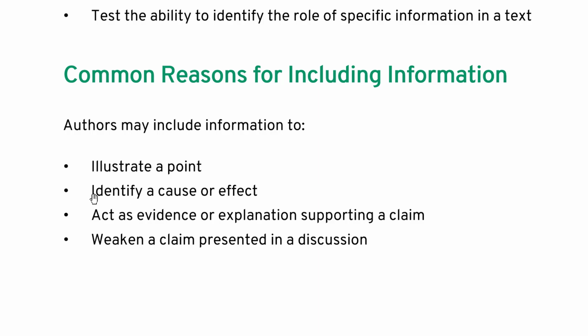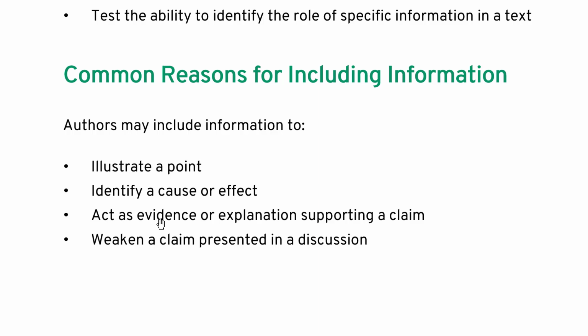The second important reason could be identifying a cause or effect, to clearly state what the cause could be or what the effect would be. Identifying the cause means the reason for an opinion, the reason for a specific act, the reason for a specific event, or the effect of that event. That's identifying the cause and effect inside the text.